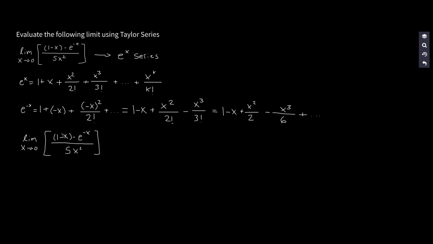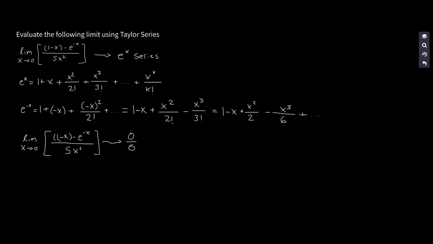Basically, evaluating limits with Taylor series is a way, like I said earlier, to avoid using L'Hopital's rule. We can only use L'Hopital's rule if we have an indeterminate form of the form 0 over 0, which we would get if we plugged in 0 everywhere we see an x in this rational expression.